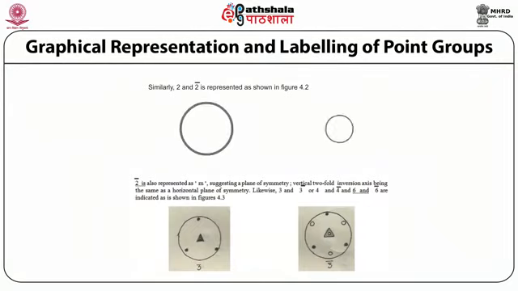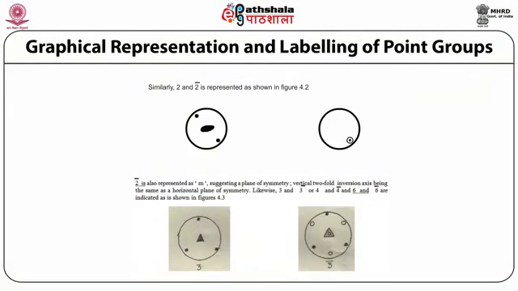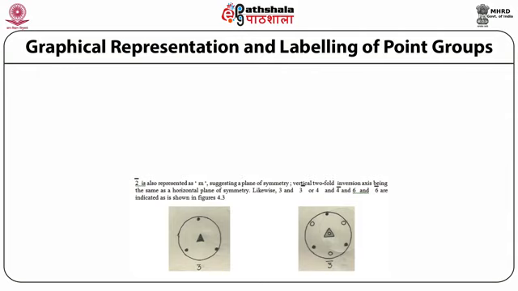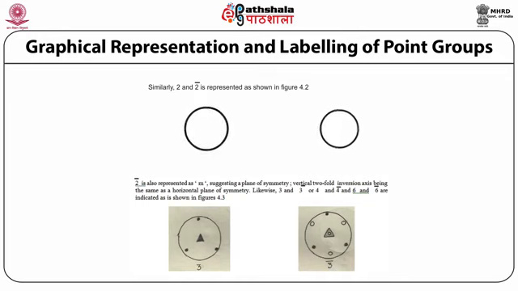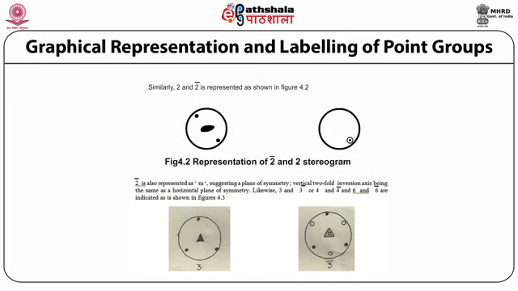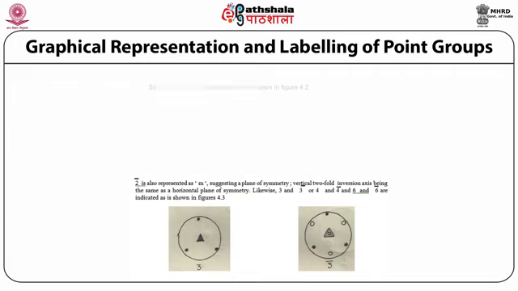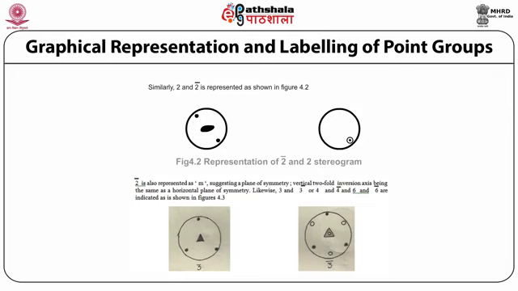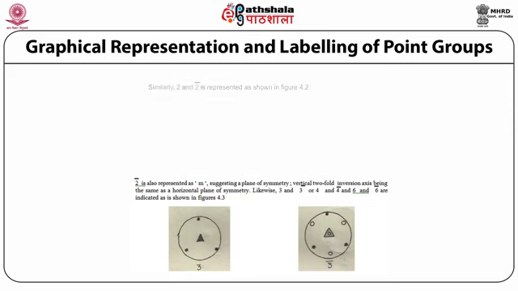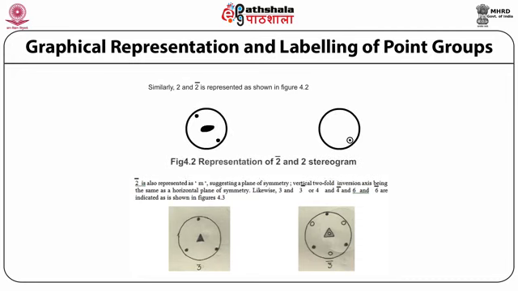Similarly, 2 and 2 bar are represented as shown in figure 4.2, which shows 2 and 2 bar on the stereogram. 2 bar is also represented as small m, which suggests a plane of symmetry, a vertical twofold inversion axis being the same as a horizontal plane of symmetry.